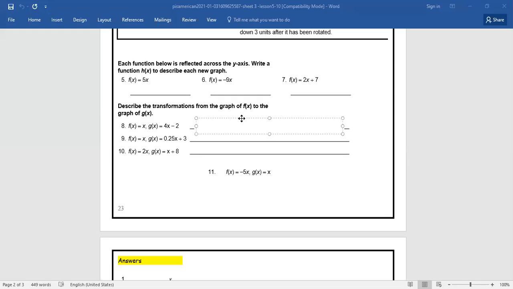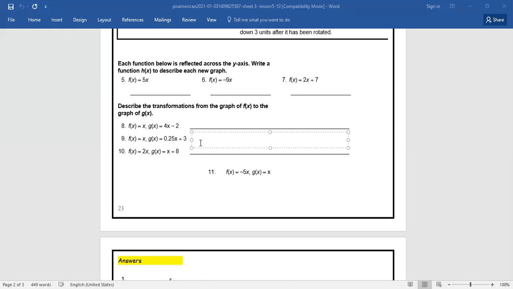Okay, next question. Farah, it's going to be a rotation and a translation 3 units up. Is the rotation steeper or less steeper, Farah? Less steeper. How do you know?